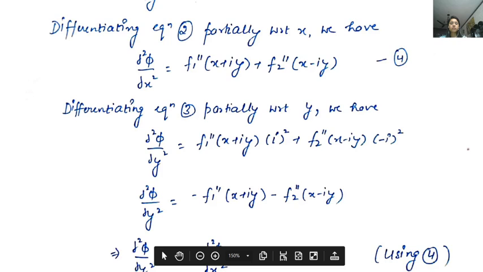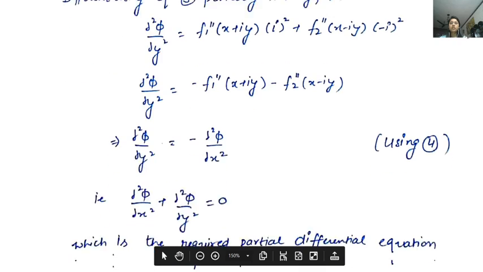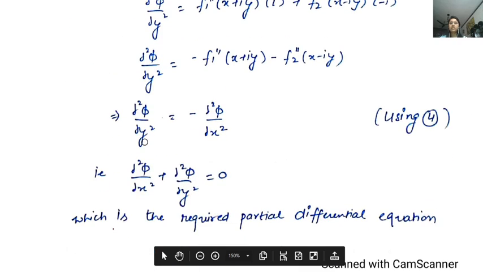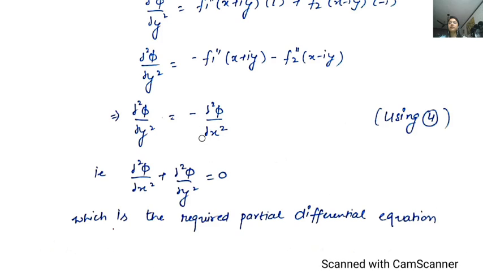So, by using equation 4, we have ∂²φ/∂y² equals −∂²φ/∂x², or we can write it as ∂²φ/∂x² + ∂²φ/∂y² equals 0. This is the partial differential equation free from arbitrary functions f1 and f2.